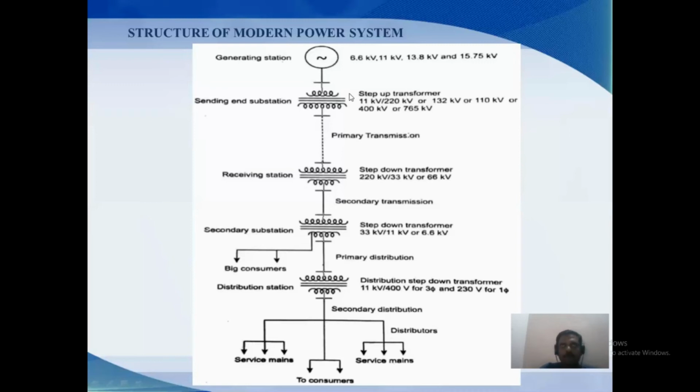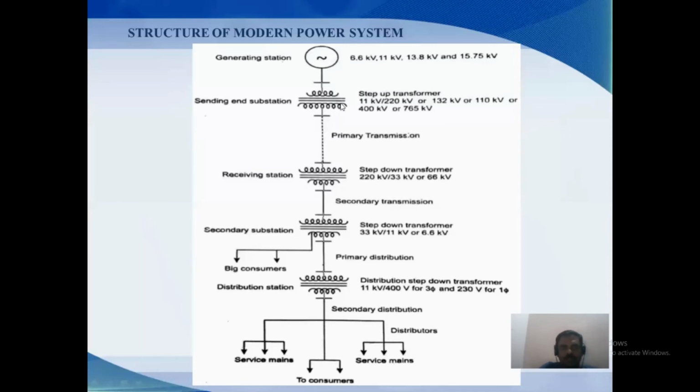Power formula P is equal to V into I. In case of unit power factor, P is equal to V into I. Here the voltage value increases, so the current value decreases in case of constant power transmission. So the loss formula is I square into R. Here the current value decreases, and the resistance of the transmission line is constant. So the transmission loss is reduced.